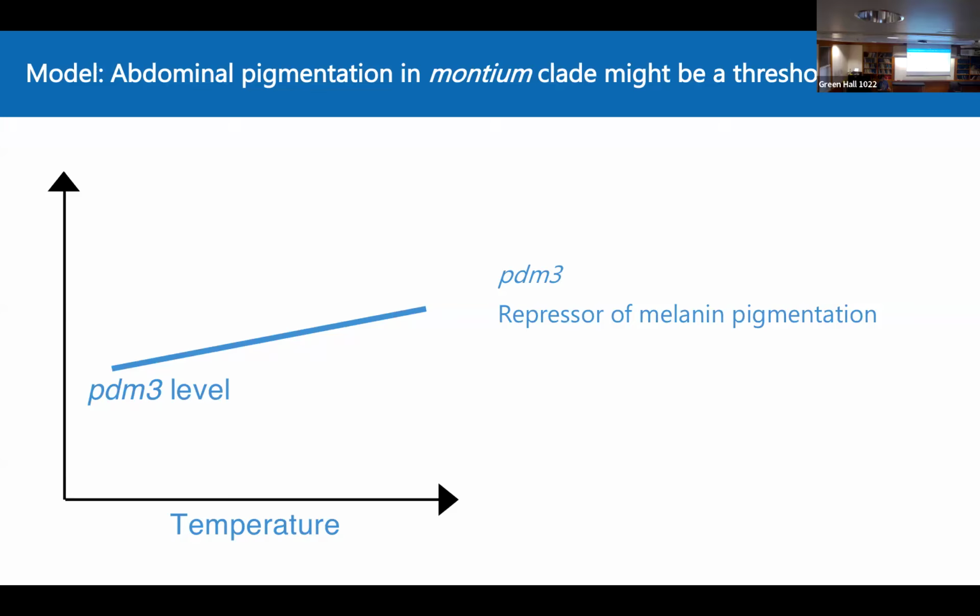There's no data to support it, but currently I have this hypothesis. Because PDM3 represses the melanin pigmentation, and at the higher temperature, the body color becomes lighter. So that's why the PDM3 expression can be higher at the higher temperature.